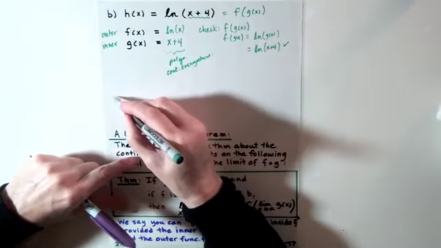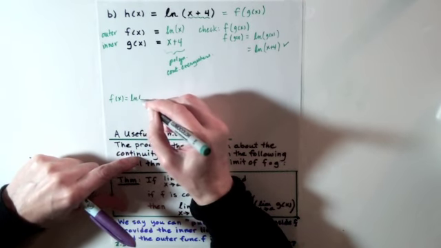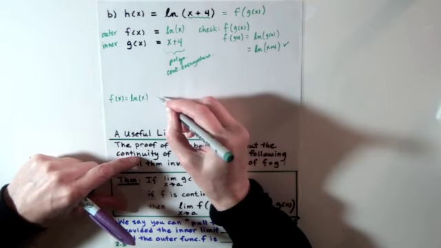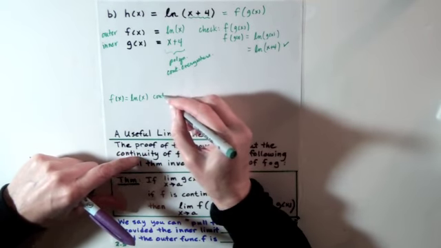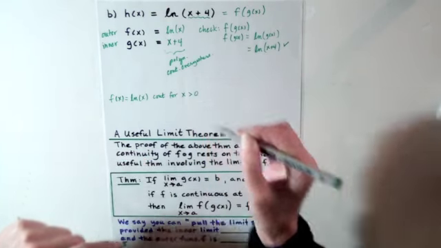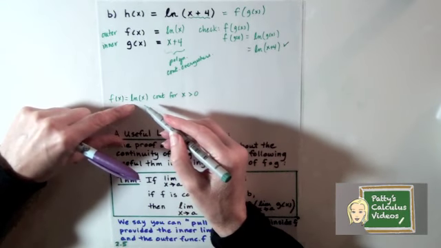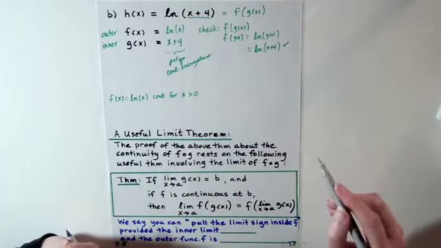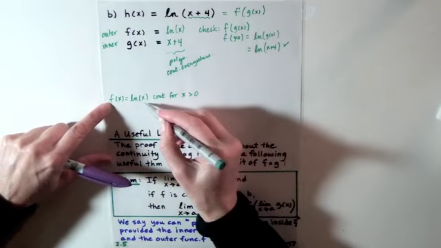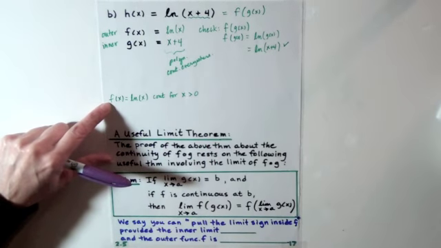Well, remember that unfortunately ln of x is not continuous everywhere. ln of x is only continuous on its domain, and so it is continuous only for x greater than 0. We can't put 0 into a log function or a negative number into a log function. We just get something that's undefined. So the outer function is only continuous at inputs that are positive, that are greater than 0.